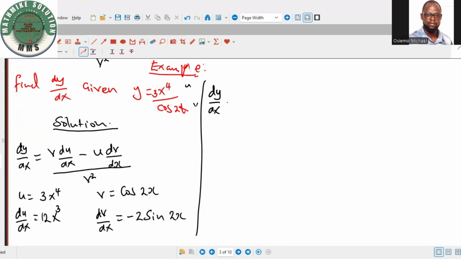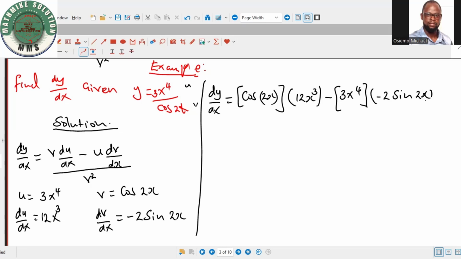So dy dx is equal to, our v is cos 2x, then our du dx is 12x cubed, minus our u is 3x to the power 4, and our dv dx is negative 2 sin 2x, and all this over v squared, which is cos 2x, and all of it squared. So basically, if you have written like this, it is okay and it is right.